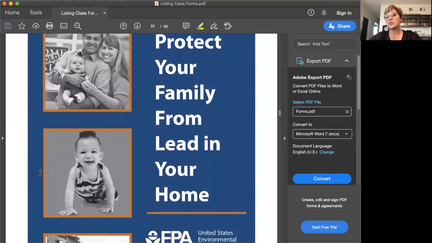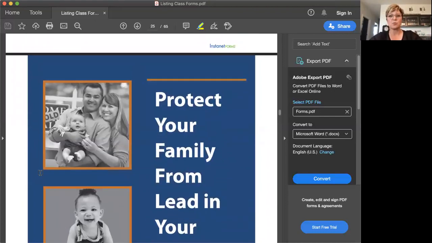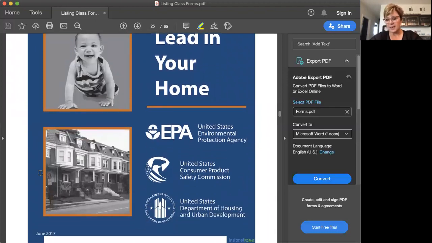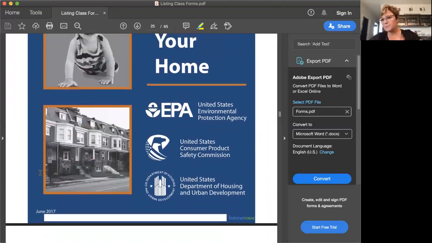This information, this brochure from the EPA on lead-based paint, should always be provided to both seller and potential buyers. Obviously, if you're representing the buyer, you'd want to provide it. If the agent representing the buyer is bringing you an offer, they should be providing this information to the buyer.